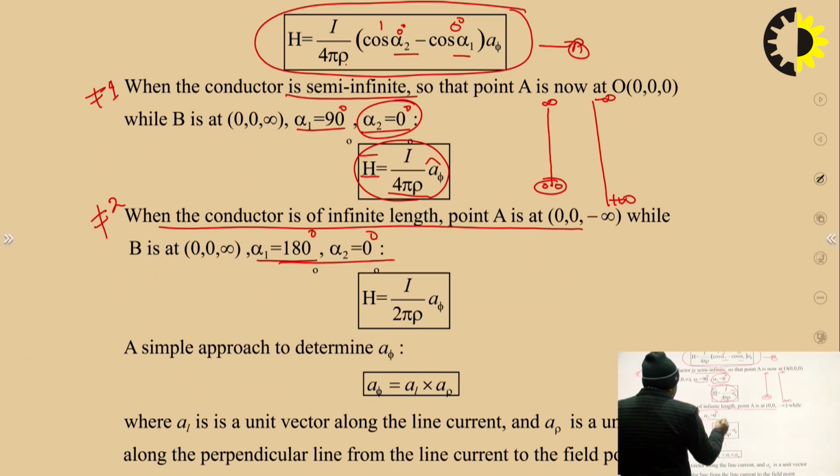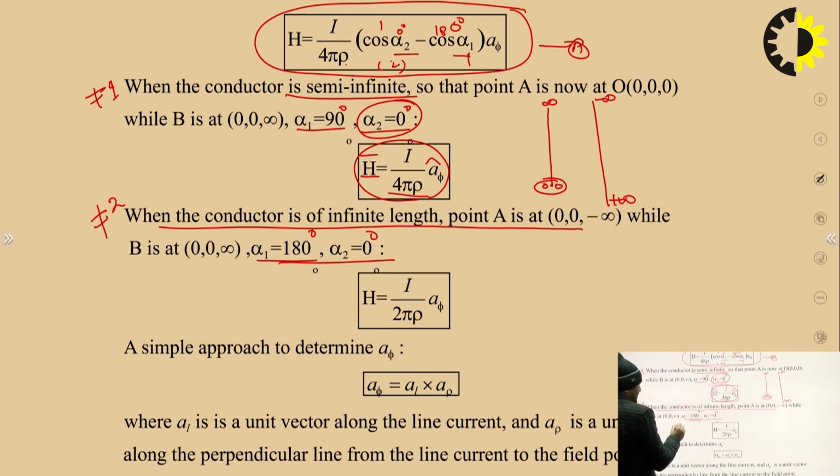So if we put here alpha 1 180 degree and alpha 2 is 0 degree, so cos 0 is 1, cos 180 is minus 1. So the value of this is 2.